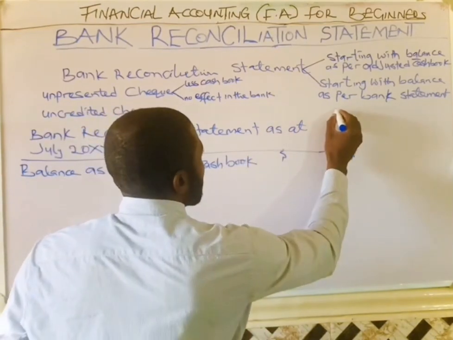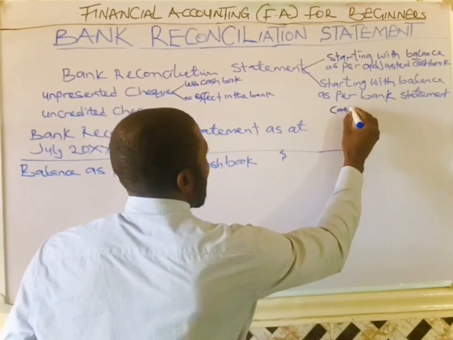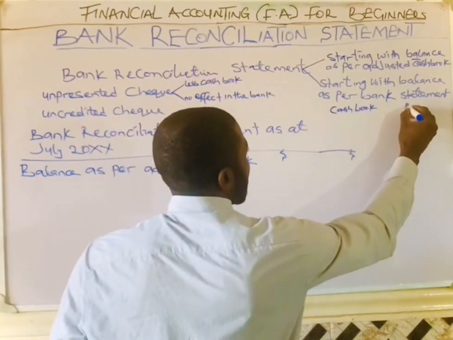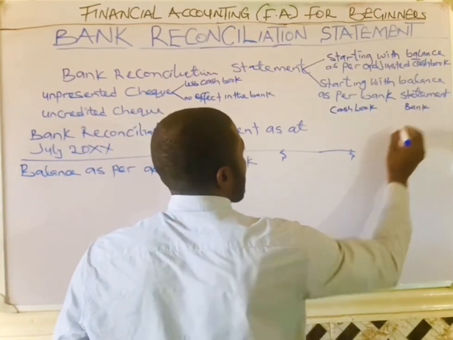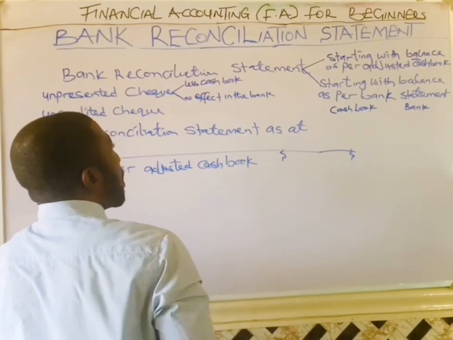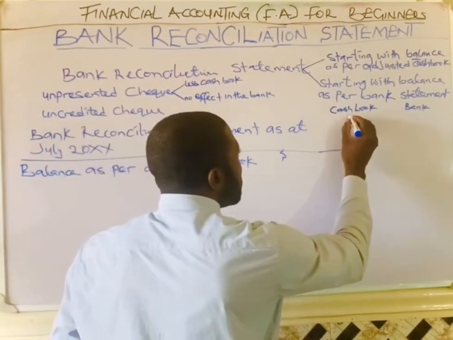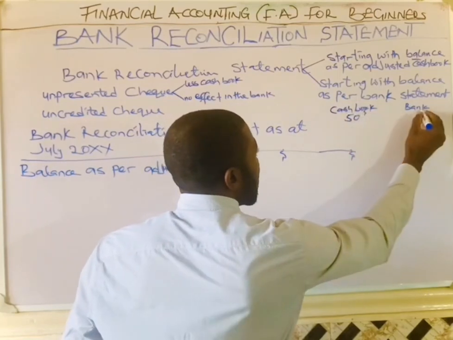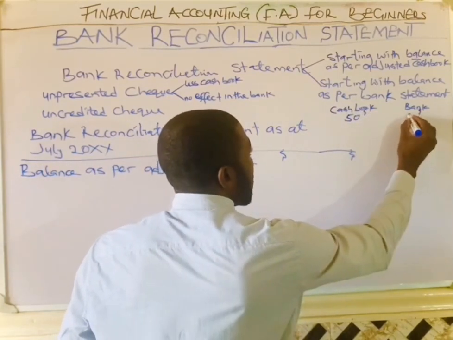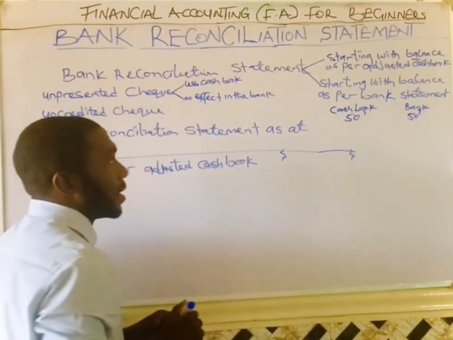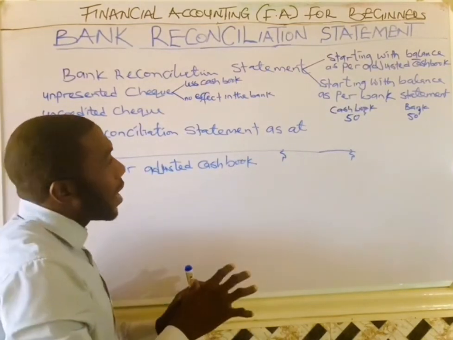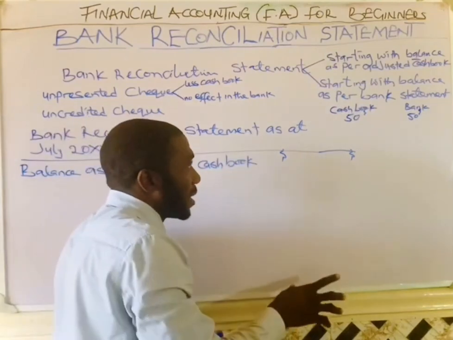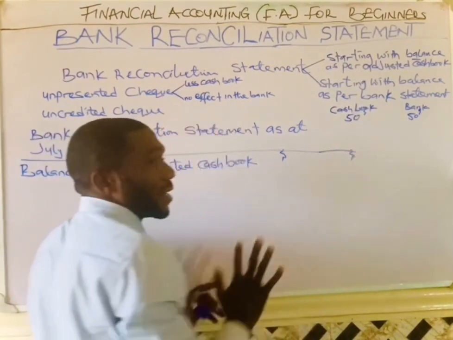Let me give you a simple example. This is our cash book, and this is our bank account balance. We were having $50 as an example, so our cash book balance and the bank account balance agree, 50-50.